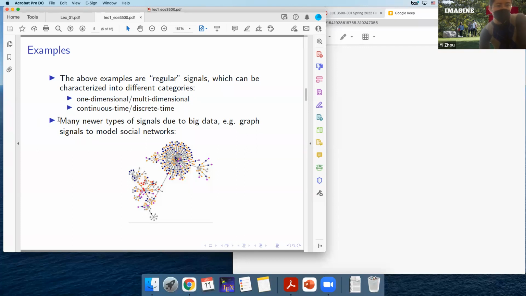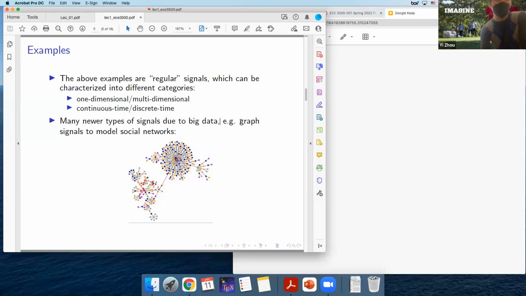And moreover, with modern data science, artificial intelligence, social networks, IoT, all this fancy stuff going on, we need to address many newer types of signals in many practical applications.